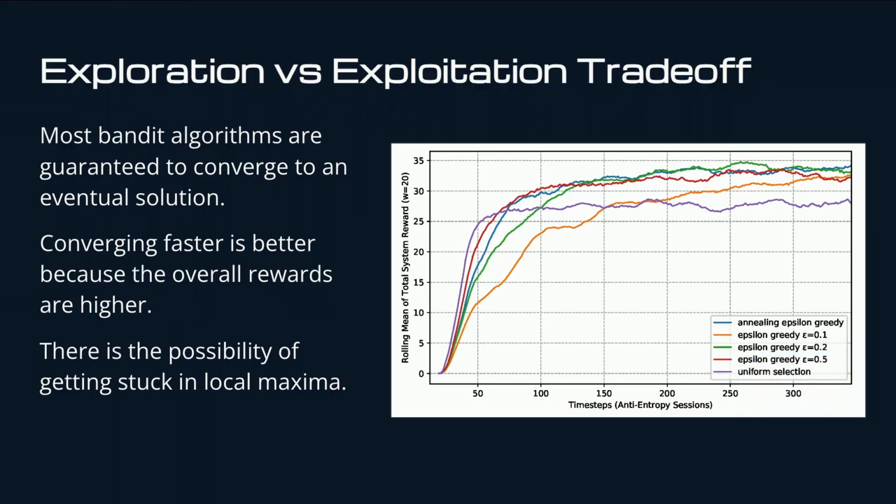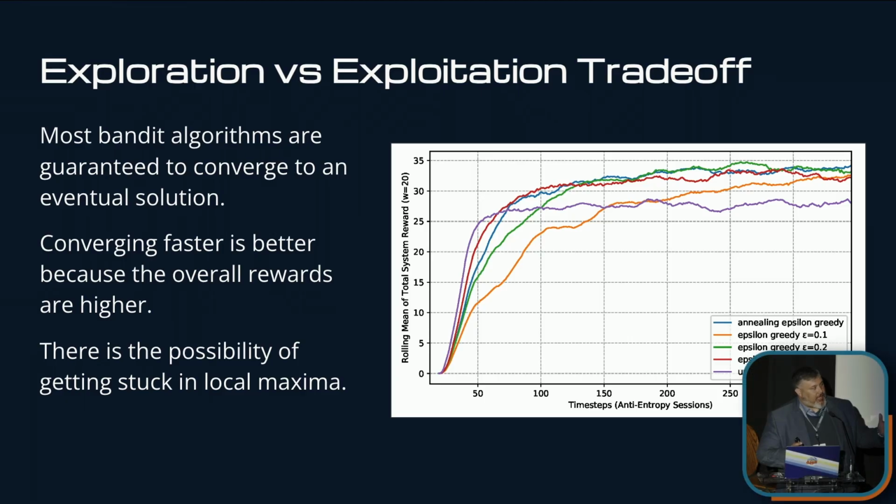So this graph shows the total rewards over time. And uniform random selection is this purple line right here. Hopefully what you can see is that all the other color lines, they are the bandit algorithms. They all end up having a better reward than uniform random selection, right? Just always randomly selecting something.